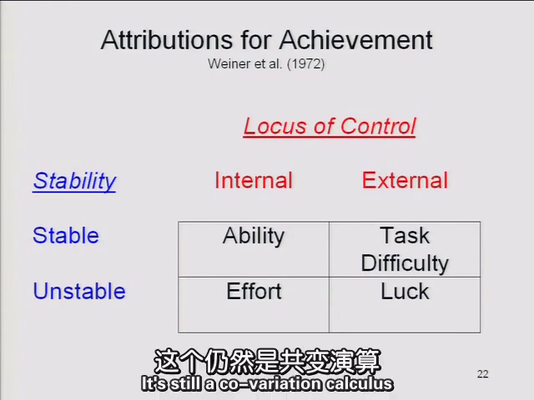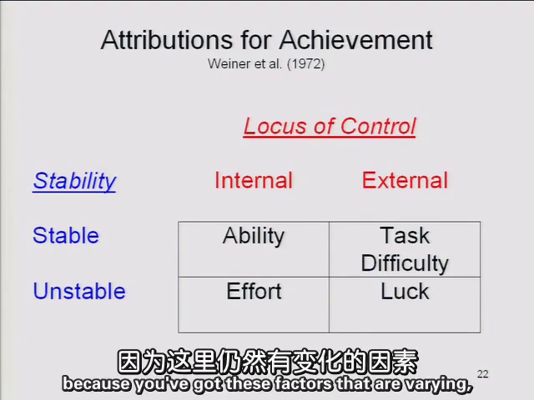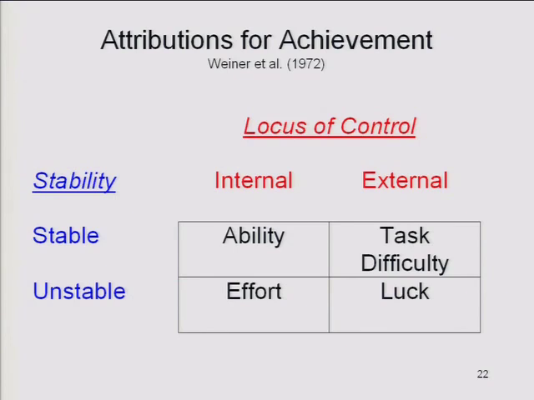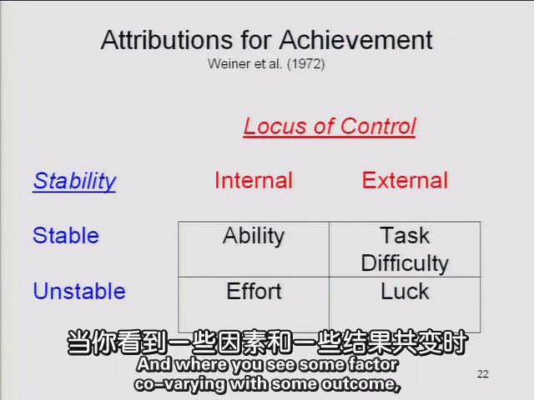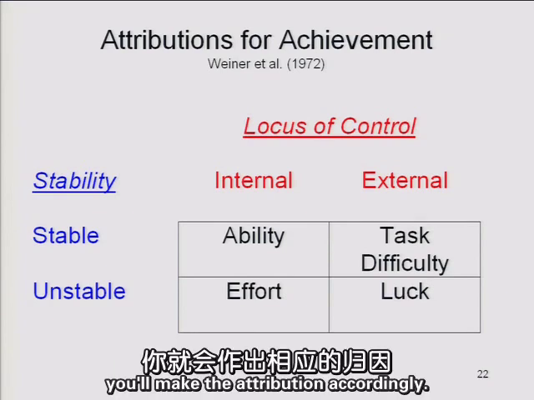So Weiner's version of it is still a covariation calculus, because you've got these factors that are varying and covarying with various outcomes, and where you see some factor covary with some outcome, you make the attribution accordingly.